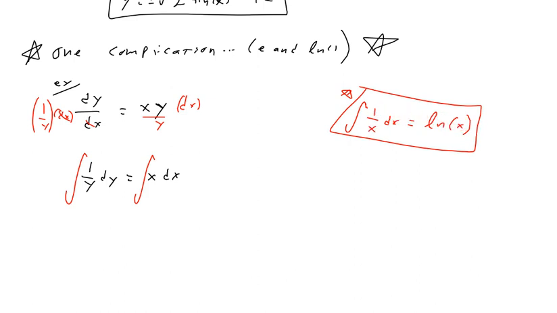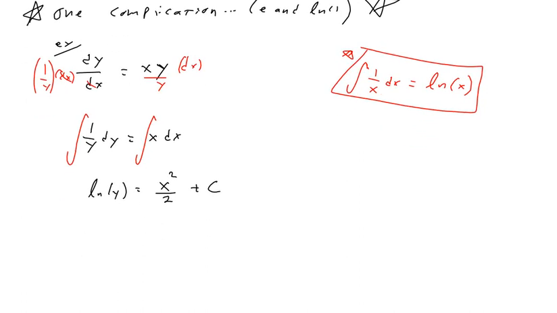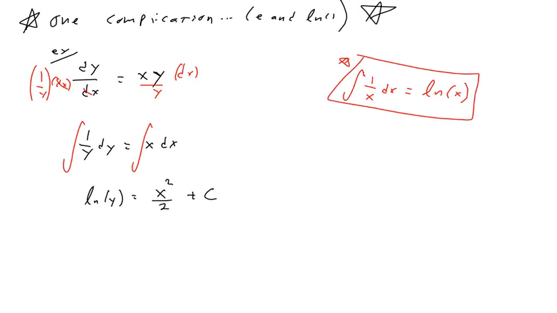So when we solve this, when we do the integral of 1 over y, this is going to be ln of y equals x squared over 2 plus c. Okay.